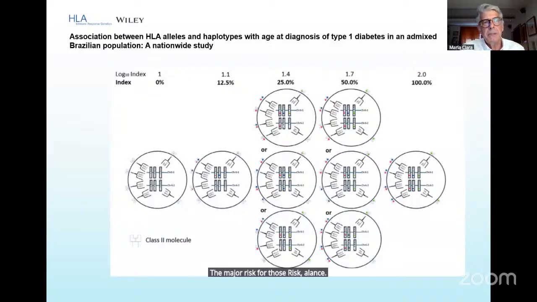We think about how those haplotypes will be expressed on the surface of these cells, and thanks to Dr. Anis for the previous presentations. Here we have only class 2 on the surface.